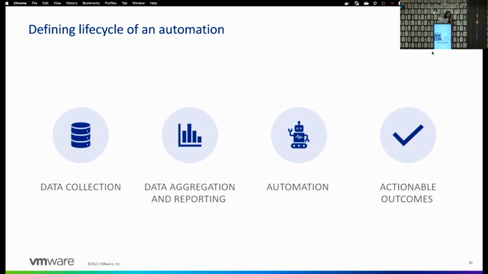Let's go through how we actually define the life cycle of our automation using the process of data collection, data aggregation, and automation. First thing we do is collect the data. It can be different kinds of data, static and dynamic data related to the automation and infrastructure.